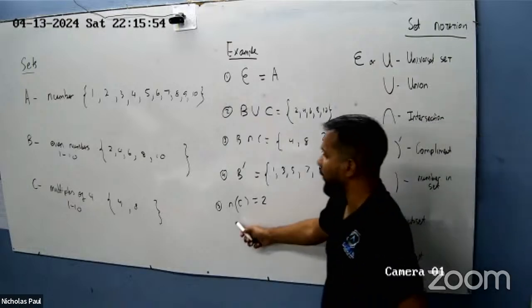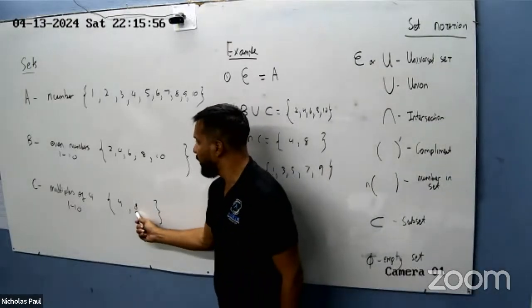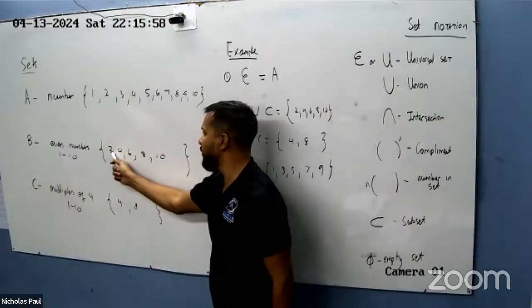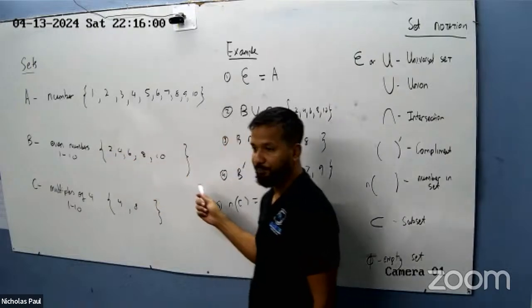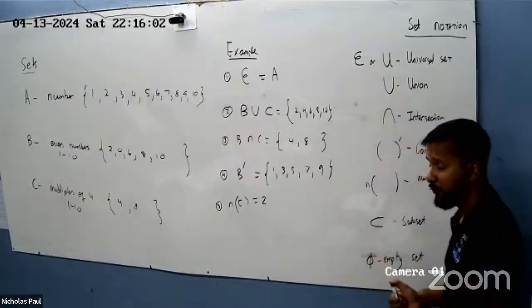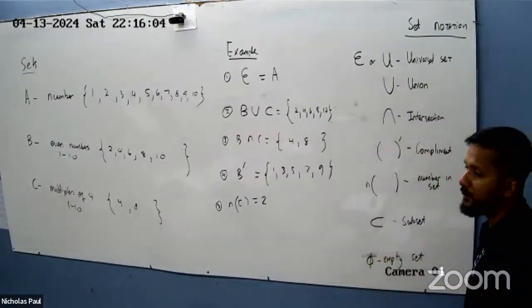So the total number of elements in C is 2. Total number of elements in B is 1, 2, 3, 4, 5. That's okay.